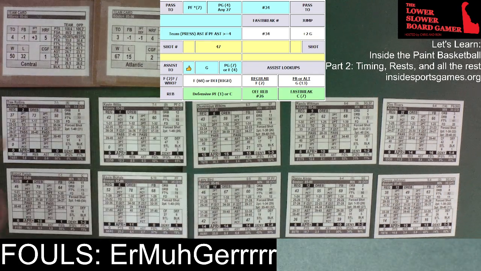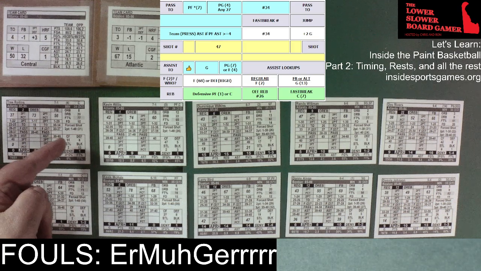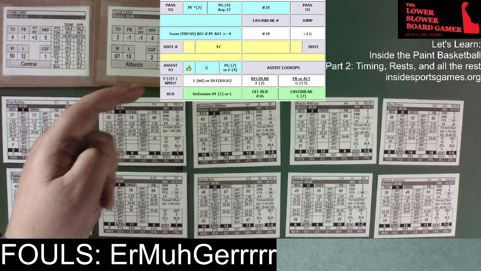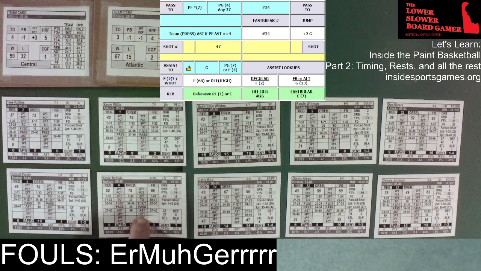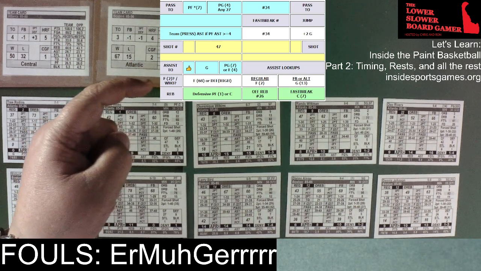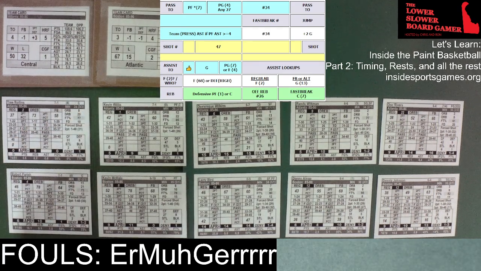Since he doesn't qualify, the highest defensive player is going to be Tree Rollins at 51. However, it's indicating 68. So 68 is higher. That is an offensive foul on Kevin McHale. That's how you do that. Anytime the second one is used and it doesn't have a number, you use the number that is associated with the first one on the foul. And that is how you take care of that.